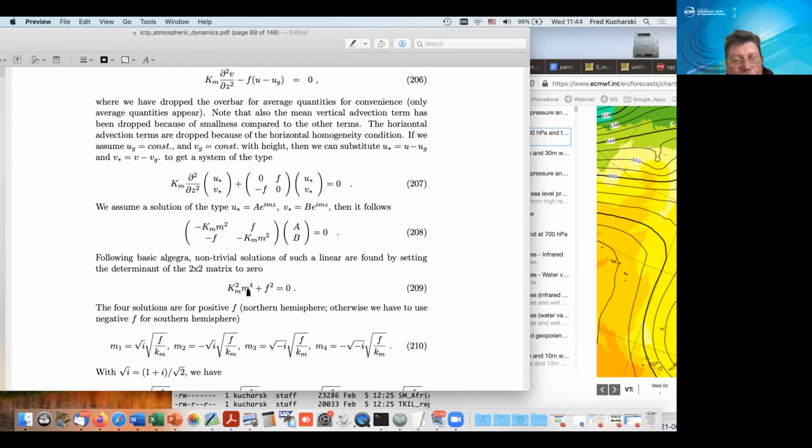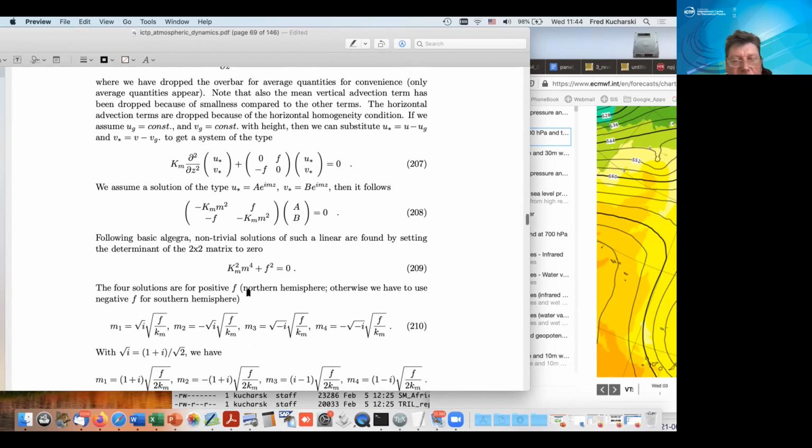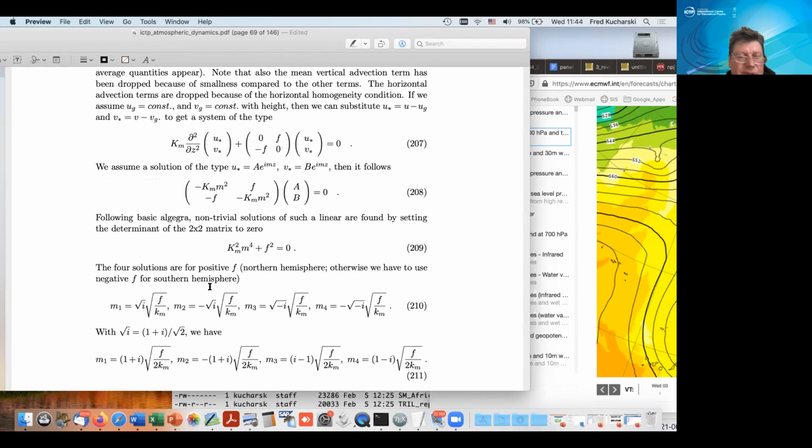So we get 4 solutions. And those 4 solutions look like this, where we concentrate here on positive F, which would be the northern hemisphere. But everything can be translated also into the southern hemisphere. We get these 4 solutions.